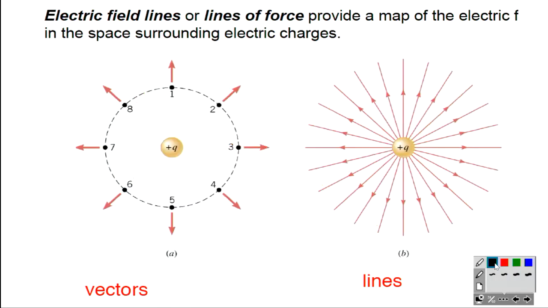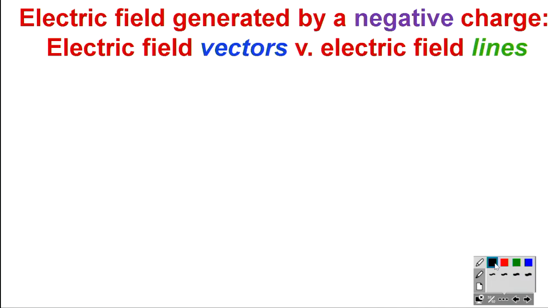Now, for a negative charge, we can repeat exactly the same reasoning. For the negative charge, electric field vectors point toward it. Well, strong, not as strong anymore. Again, strong, not as strong. But again, we can just draw a single line which represents the presence of all those vectors.